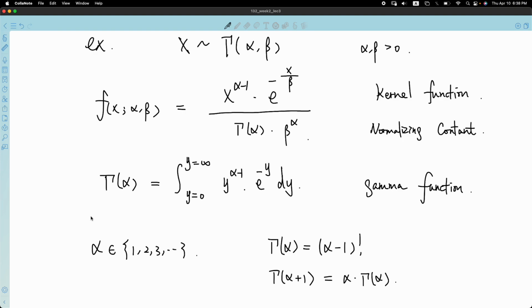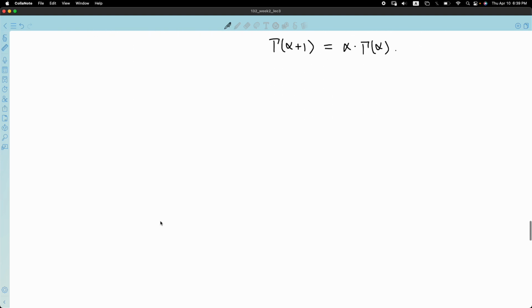Okay, next, let's play around with this gamma distribution. First of all, let's take a look at the kth moment for the gamma distribution. Now I'm going to use the definition of the expectation to rewrite this expectation. What is the definition of the expectation for the kth moment?